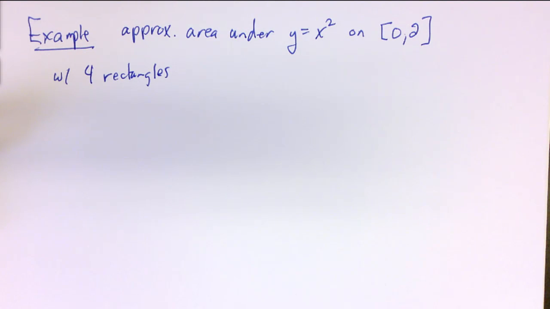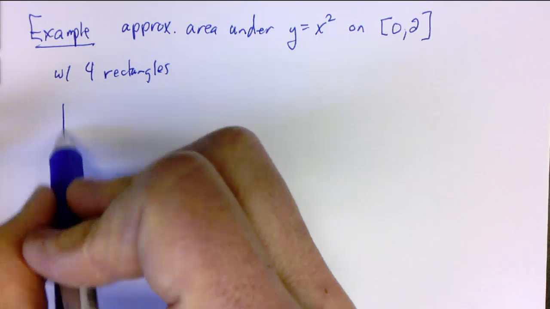And we're going to do this a couple different ways. When we go to choose our sample points, we're going to use left endpoints and right endpoints and a couple variations on that. All right, and we'll see what that means as we go through this example.